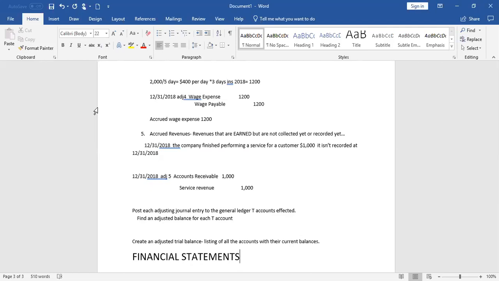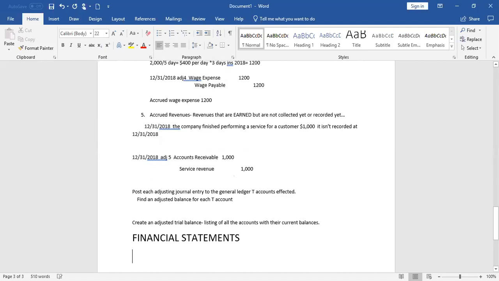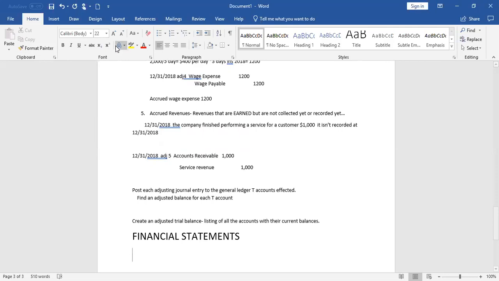So what I'd like you to do is take this adjusted trial balance, go through those financial statements again, except for the balance sheet. That's what I want you to do. So I want you for Thursday, hopefully we'll stay on schedule, complete the income statement for this problem and the statement of retained earnings.